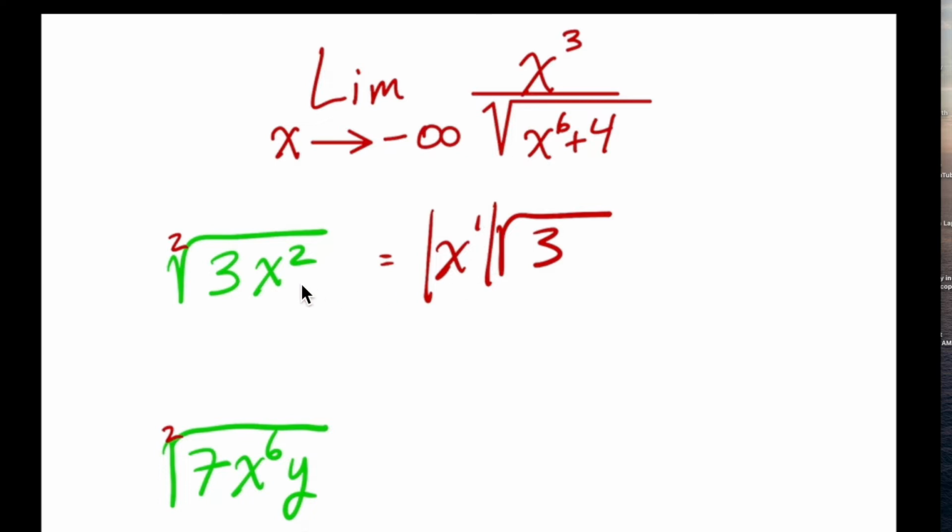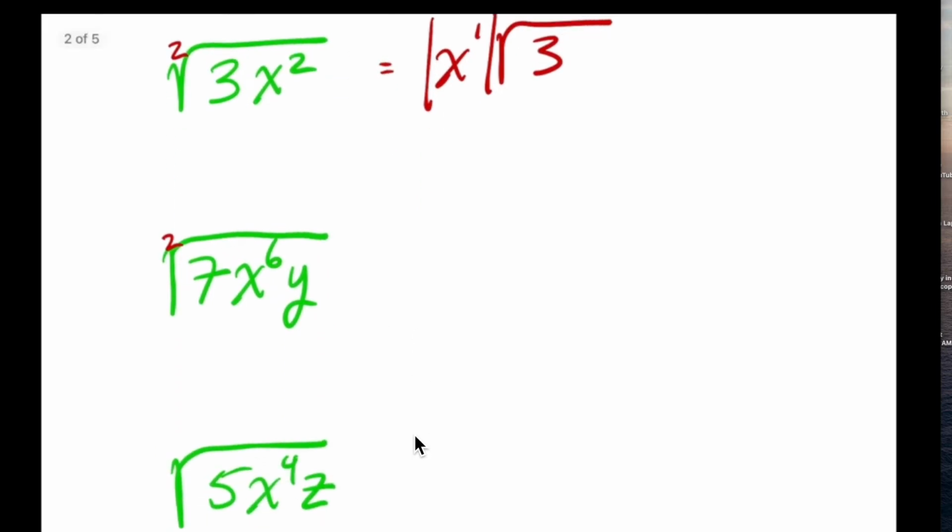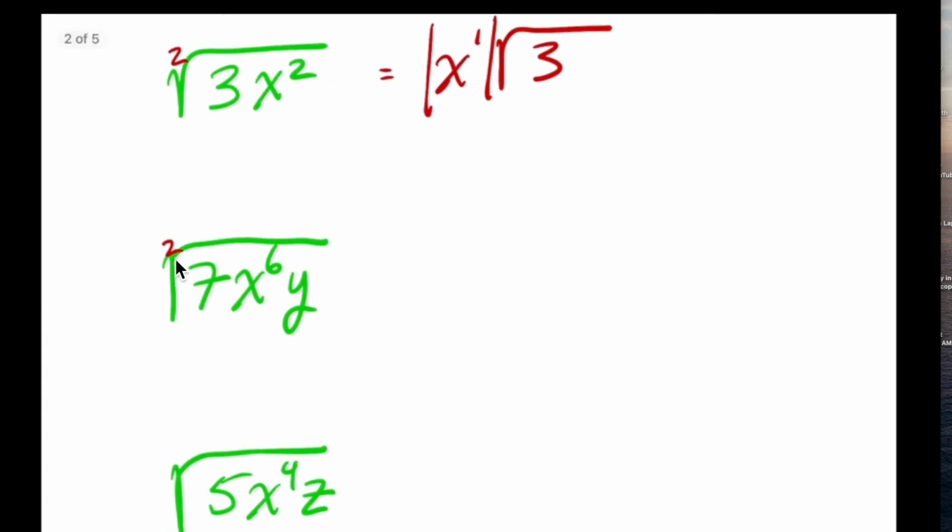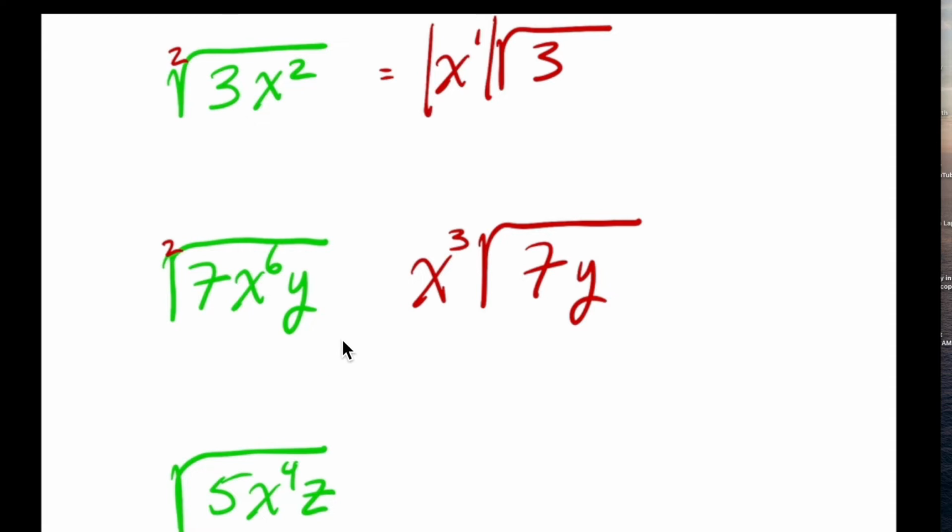If you pull something out of an even root radical and you end up with an odd exponent, you have to employ the absolute value sign. Let's do this next one. Here, 2 goes into 6 3 times, no remainder. So we're going to pull out an x cubed. Remaining in the radical are going to be 7 and y.